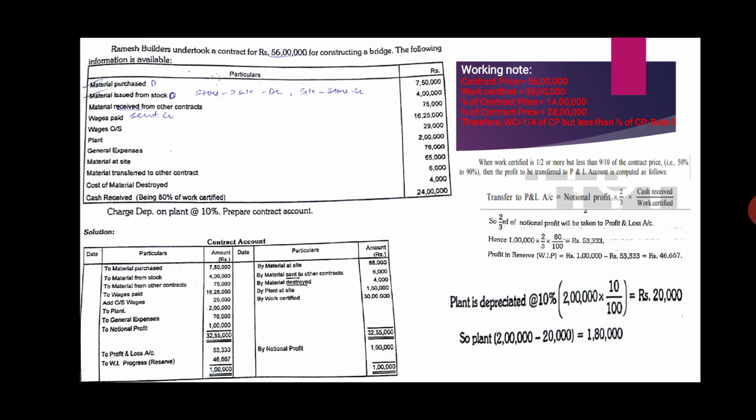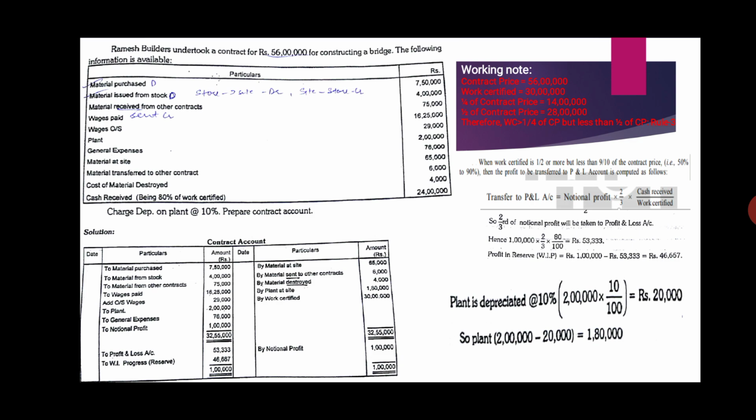Other contracts means there are certain other ongoing contracts, and that is leftover material from that contract which is going to be utilized for this contract. So again it is a debit one, 75,000. Now next is wages paid and outstanding wages. So in debit, both wages paid and wages outstanding will be added to the wages paid.